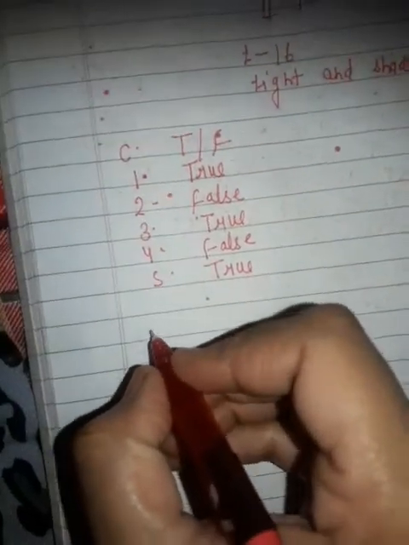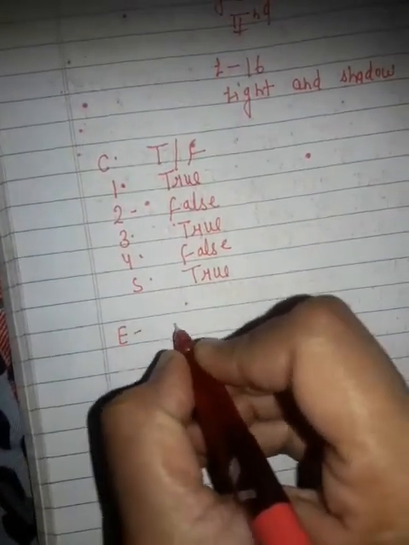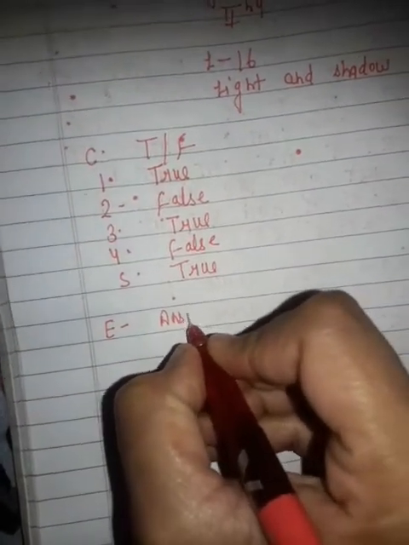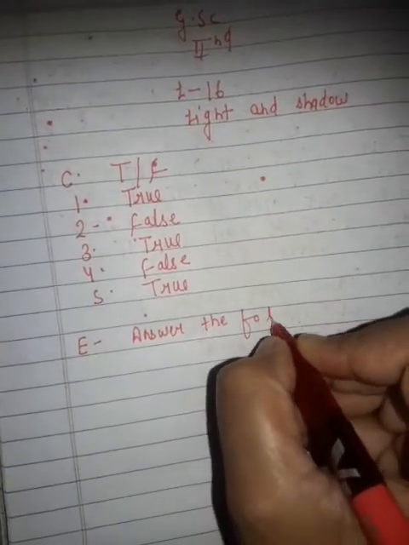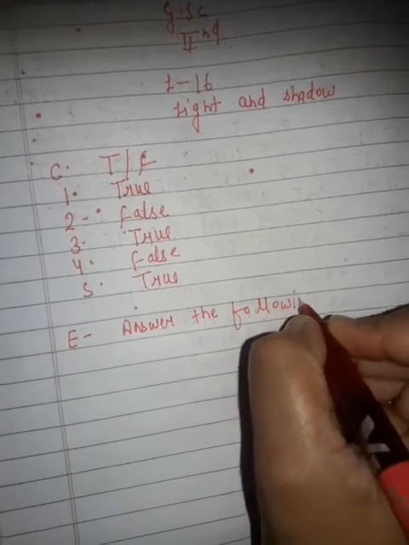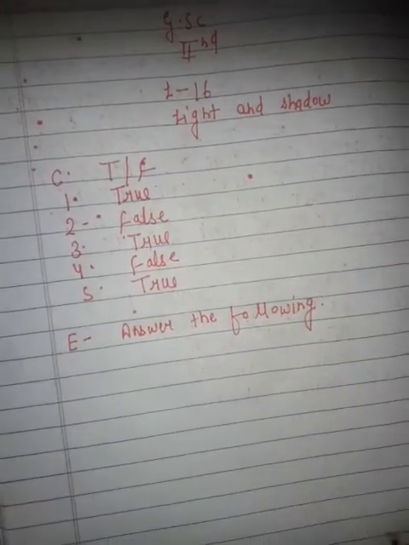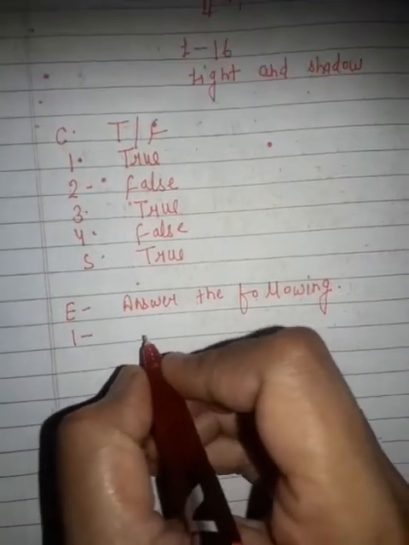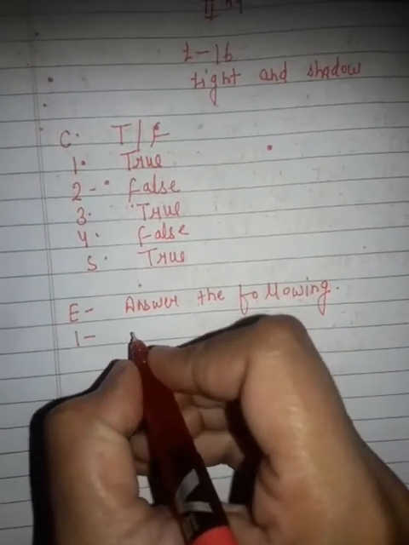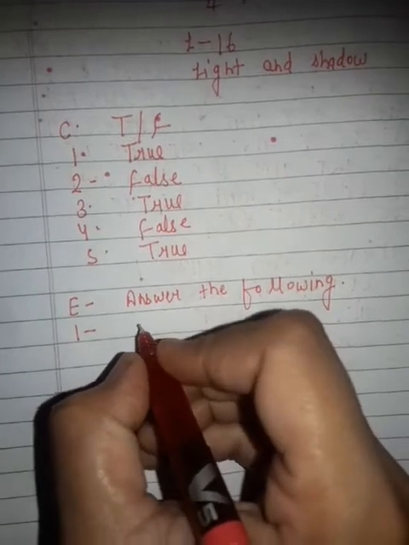E. Answer the following. Name 4 common sources of light.